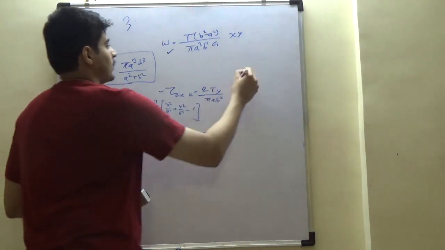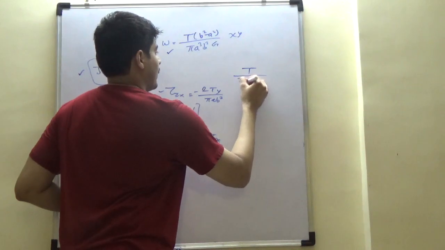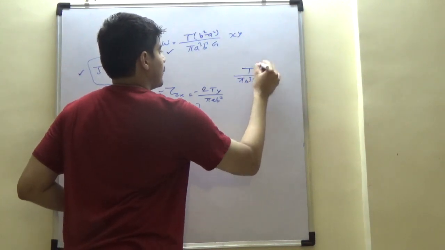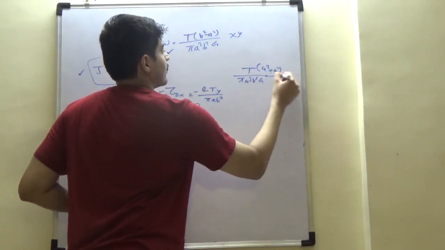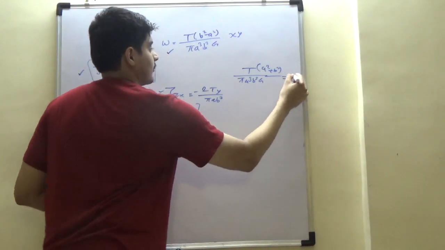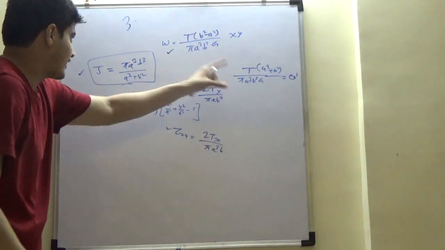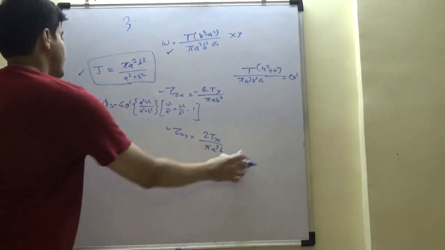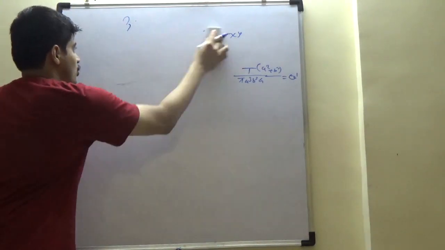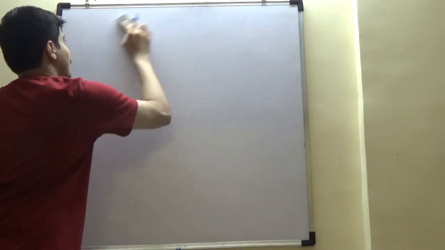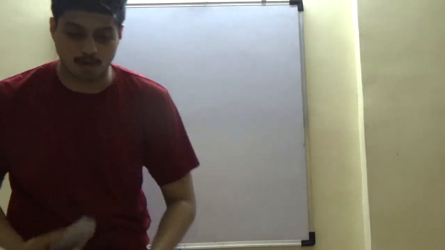Formally we can write this as T upon pi a cube b cube G into a square plus b square, which is my theta dash. So I know twist, I know warping, I know these stresses, and I know the function. So ellipse as a cross section is the third problem that we have solved.